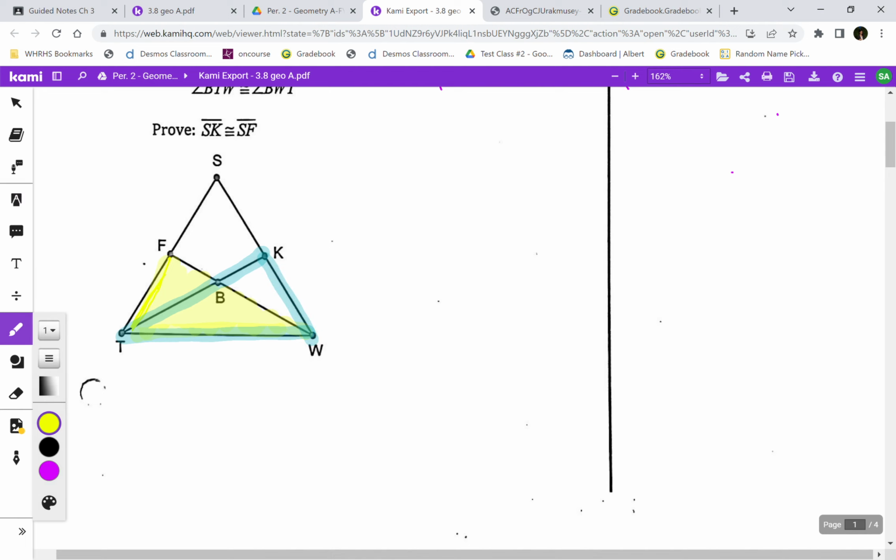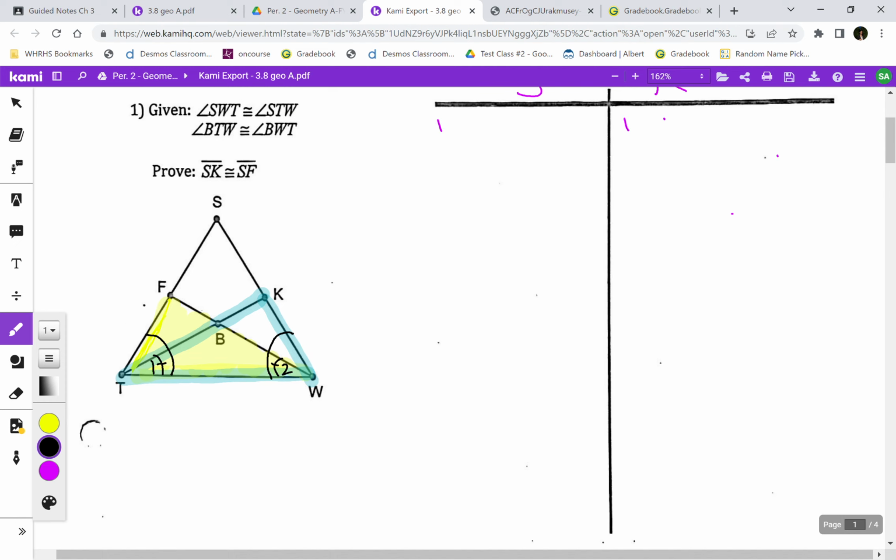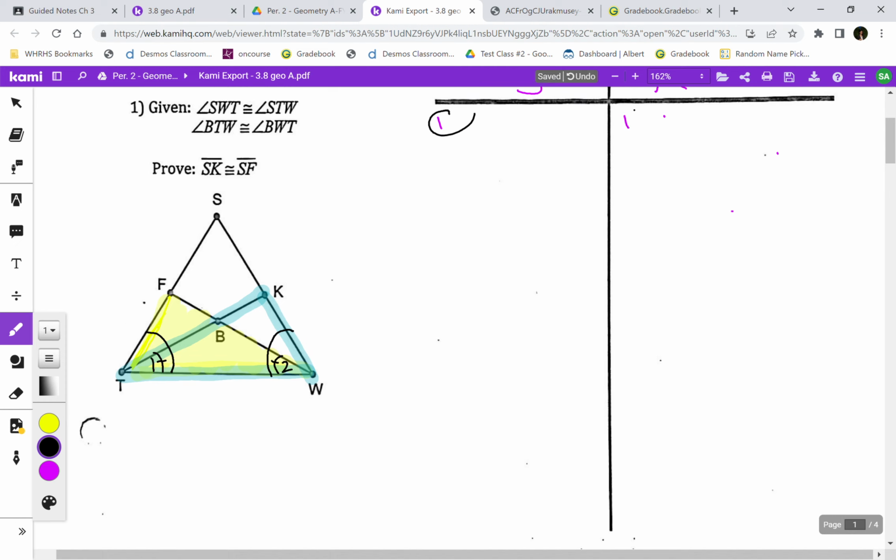All right, so back to our given, we have the big angle by T congruent to the big angle by W. We have angle 1 congruent to angle 2. So now we're using these overlapping triangles.